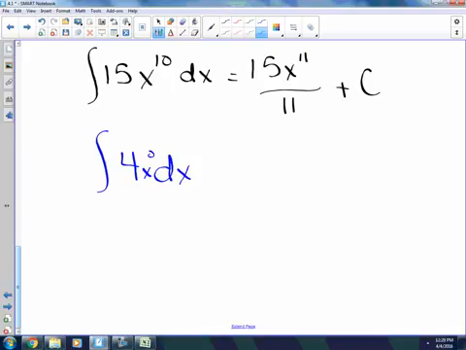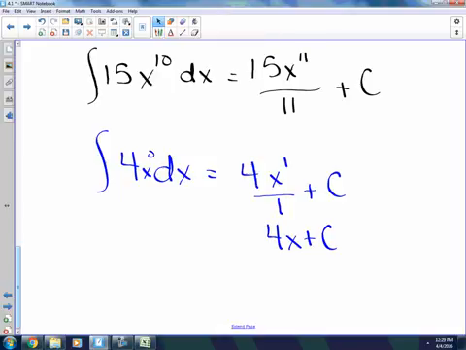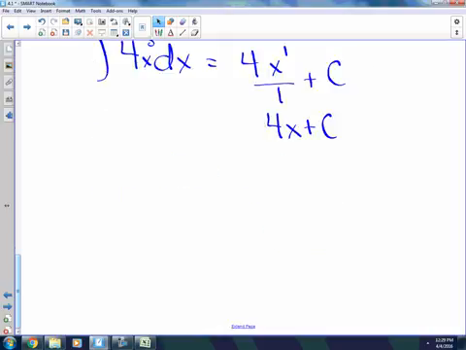So think about power rule here then. I got a 4, add 1 to the power, divide by the power, which is 4x plus c. Does that derive to give me what I started with, a 4? Yeah. So if you have just a constant, you can either think about that or you can just know it goes back to that x.